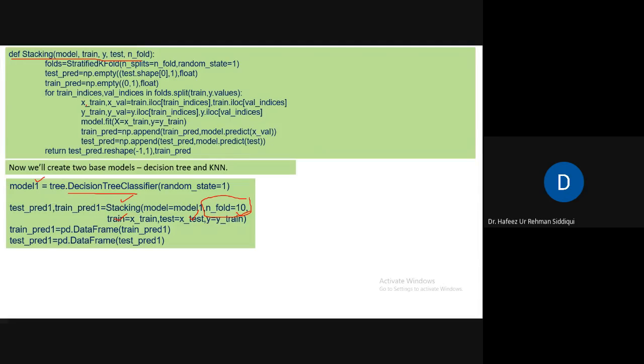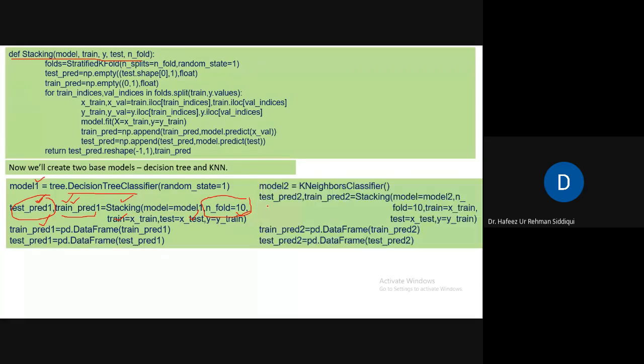You just call this function, and it will predict and return the test prediction and train prediction. So these are the predictions on the training data, and these are the predictions on the test data. Just put it into Pandas data frames. So train_prediction 1, and save test_prediction. So you are going to save those test predictions and train predictions in a data frame.